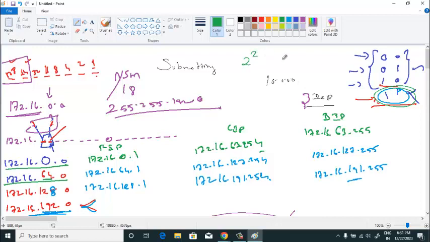Why do you put minus 1? These are the 4 possibilities in which all ones we don't use. That's why I put minus 1. This will give you the number of subnets. This is one subnet. This is another subnet. This is another subnet. You got it?